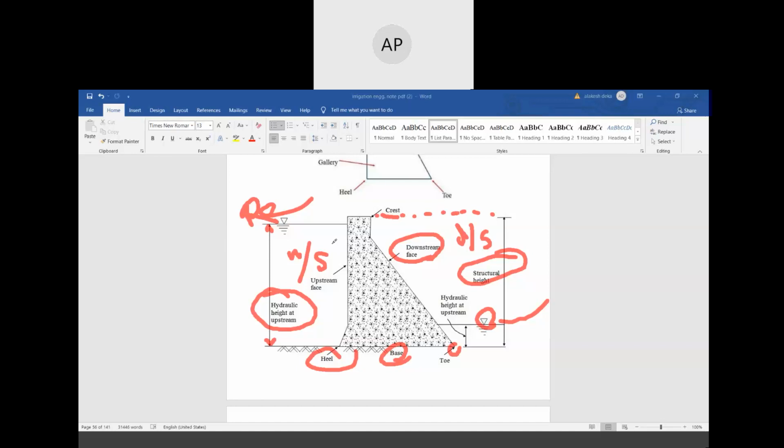Water is always stored in the reservoir part of a dam. In the rainy season, water is added directly to the river. So about the gravity dam, it is clear what the parts are, how water is flowing, and which is the river portion, the upstream portion, and the reservoir.